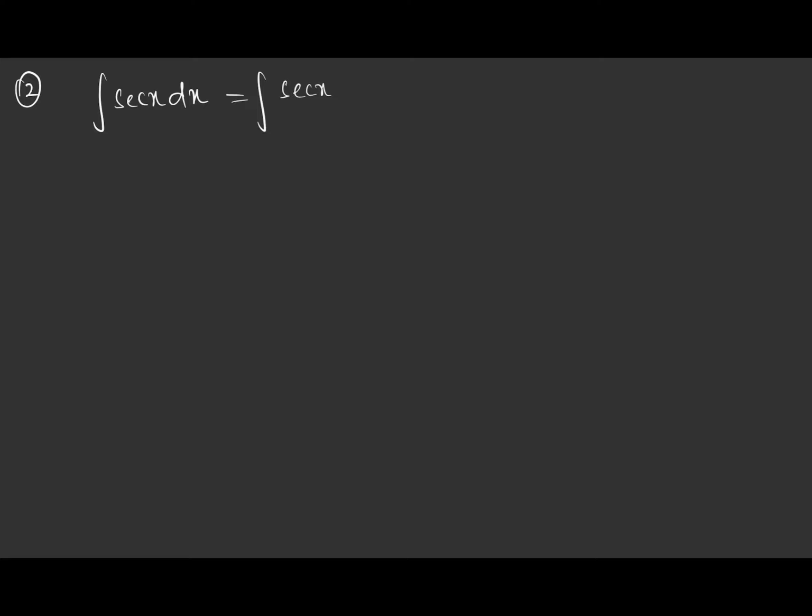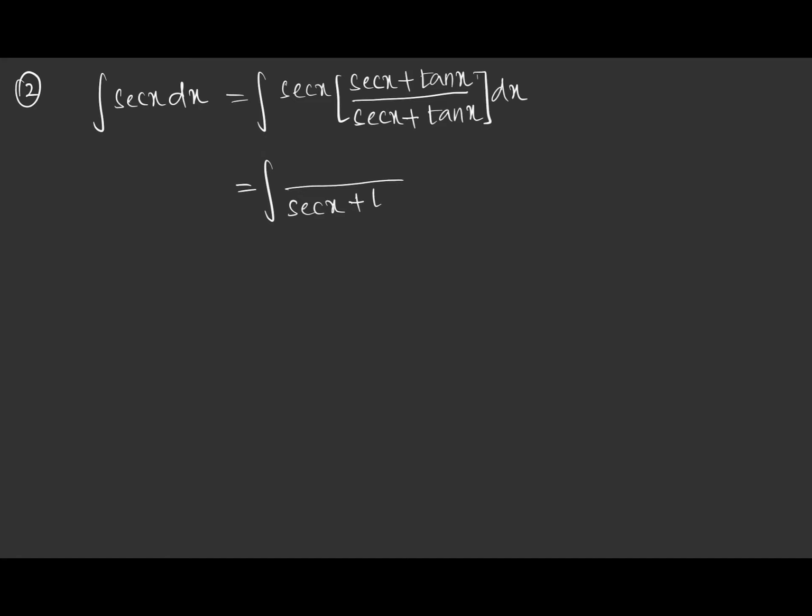Secant x, I will multiply by secant x plus tan x divided by secant x plus tan x, dx. The denominator is the same, secant x plus tan x.